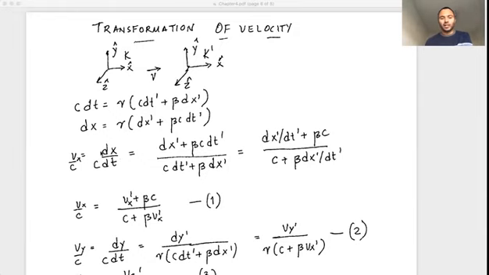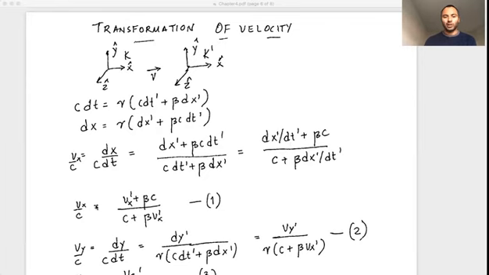Now, that infinitesimal change dx, I can write in terms of the same infinitesimal quantities in your friend's frame, the primed frame, and I can do the same for dt, right? So I do the same things, divide by dt prime, I get this equation, and so vx prime is dx prime by dt prime.